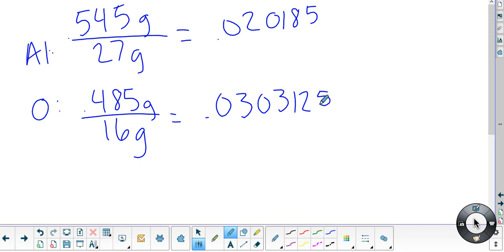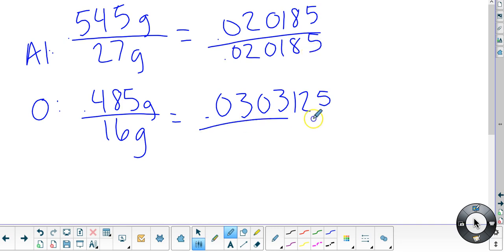Then what's the next step? Divide by small. So in that case, you just pick whichever one's the smallest and divide all of them by that number. So I got 1.5 and 1.